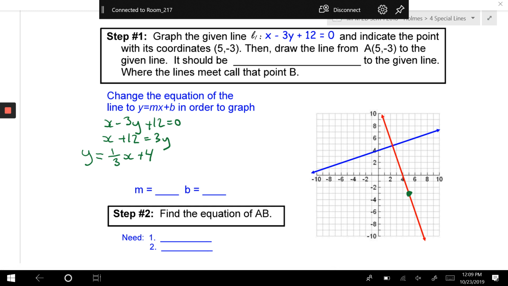But once it's in the form y = mx + b, Mia, what can you tell me the slope is of this equation? 1/3, and the y-intercept is 4. So that's why on the graph, you can see if we go up to the y-intercept of 4, that's there, and my slope is up 1/3. That indicates what that blue line is.